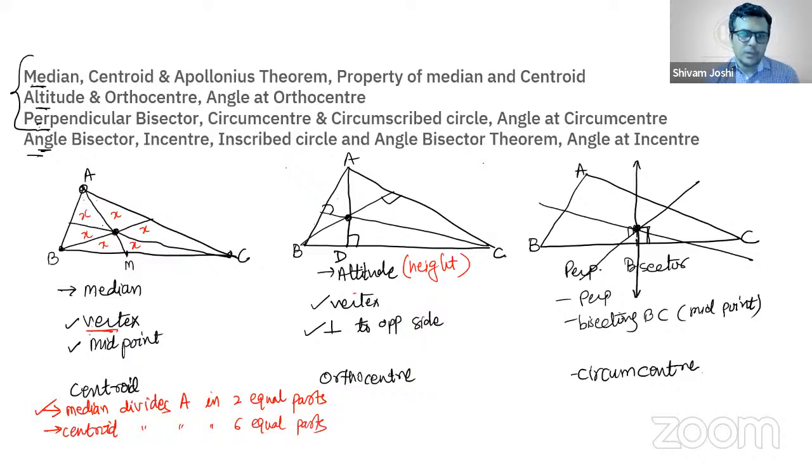One more property of centroid, that is, centroid divides median in 2:1 ratio from the vertex.